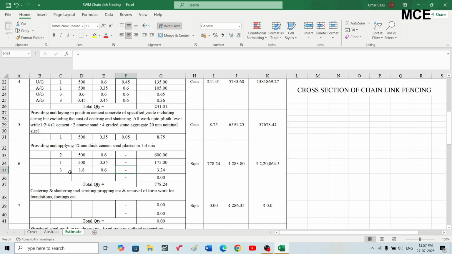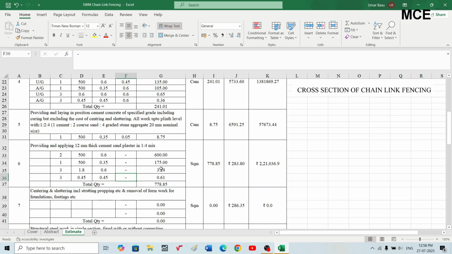So this will be the quantity around the boundary of the three pedestals, that is 3 into 1.8 into 0.6, which is 3.24 square meters. And then plastering the top sides, so it will be 3 into 0.45 into 0.45, which is 0.61.